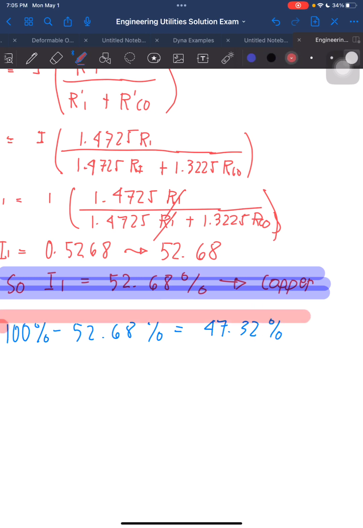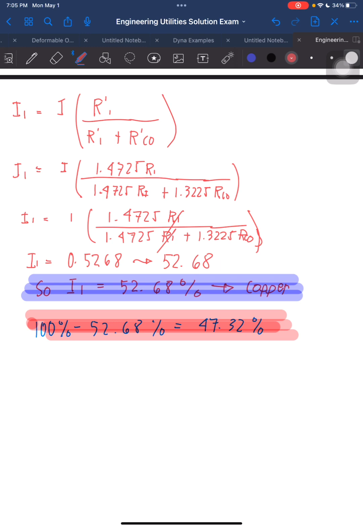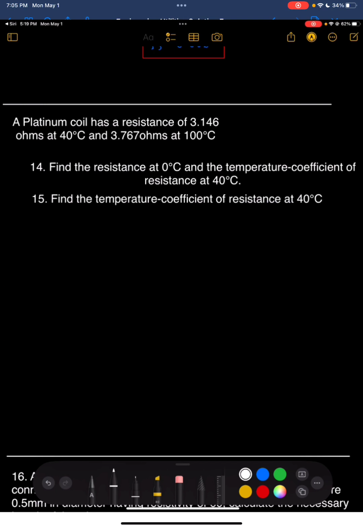Ito ay para sa iron. So, ito yung final answer natin na dalawa.